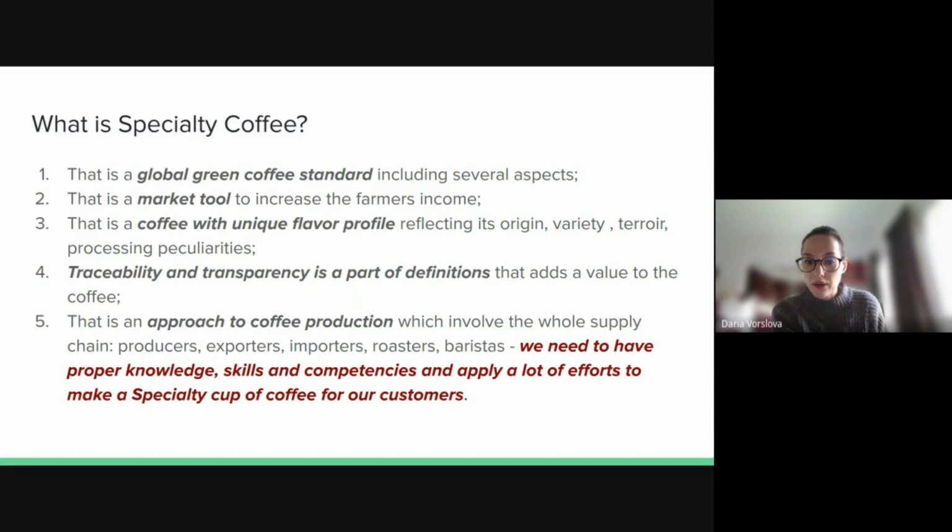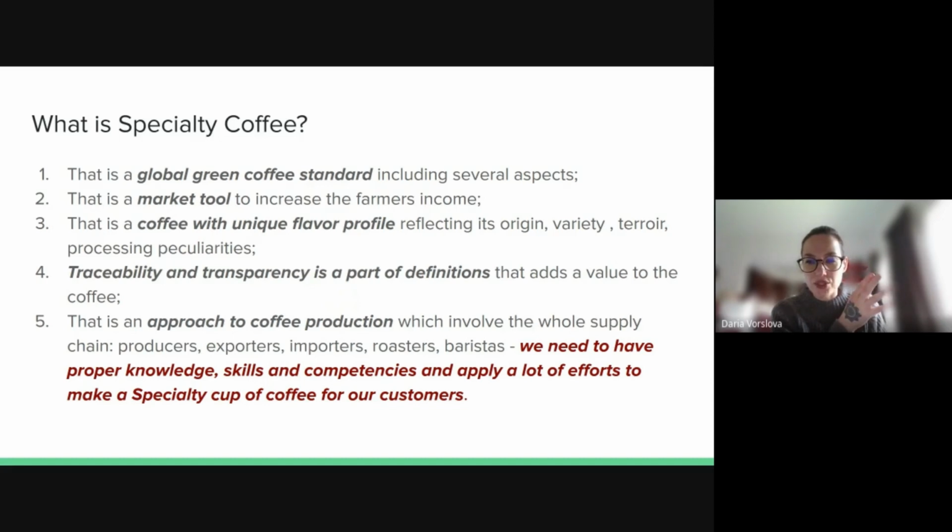I know people who market Santos, Brazil, New York 2 as a specialty coffee because it's 80 plus. But can we really name this coffee specialty? It's not even a regional coffee. It's just some coffee from Brazil that was sorted according to the export standard. That's it. We don't know the farmer.